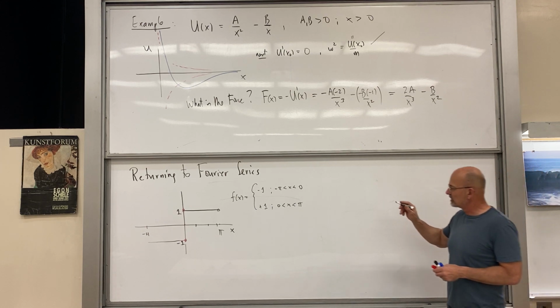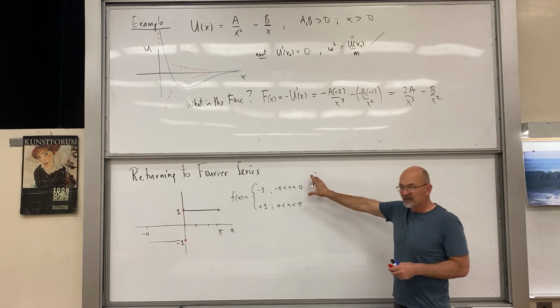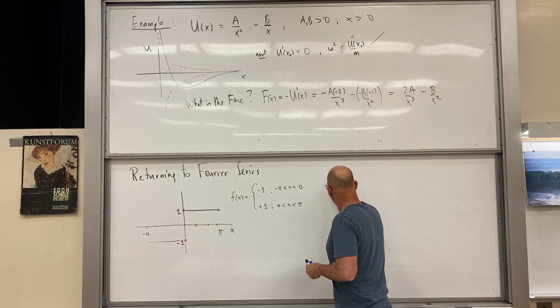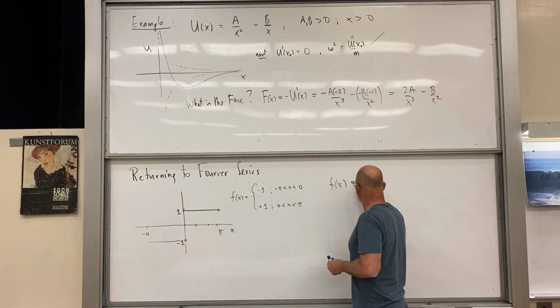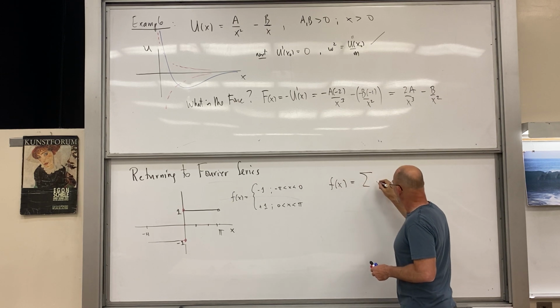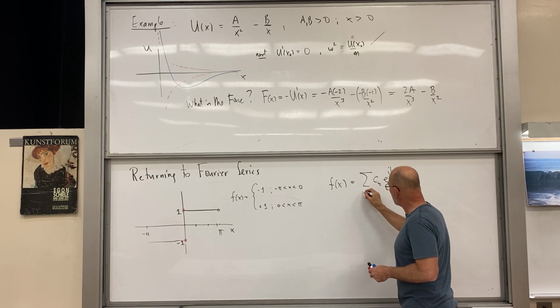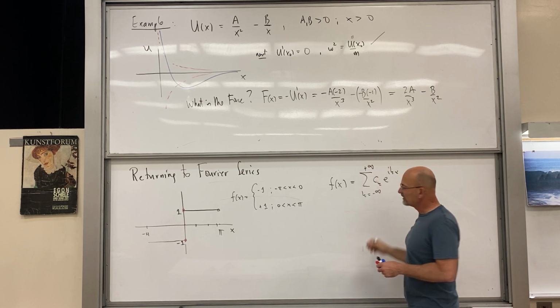We're going to try to expand this in that Fourier series, which was the sum of c sub k e to the I kx over all integers, so k goes from -infinity to +infinity.